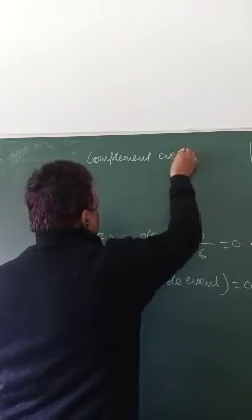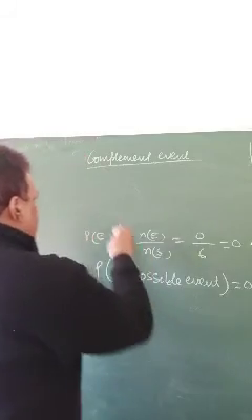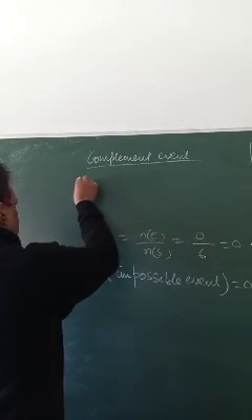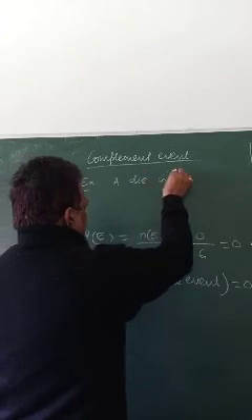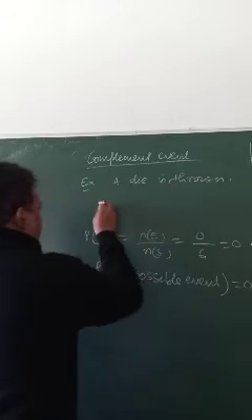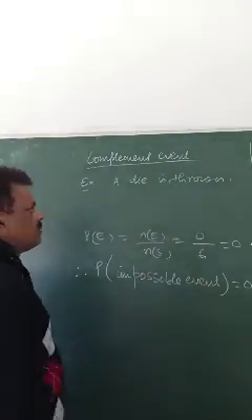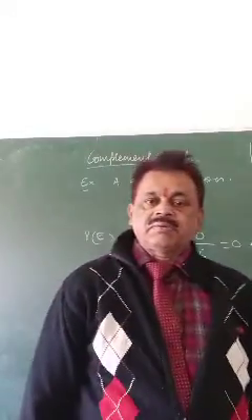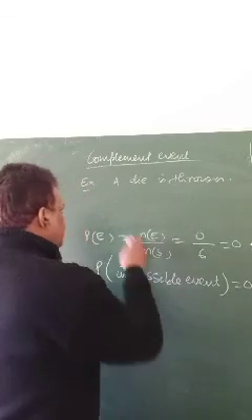Complement event. To understand this, suppose a die is thrown, then what is the probability of not getting a prime number?